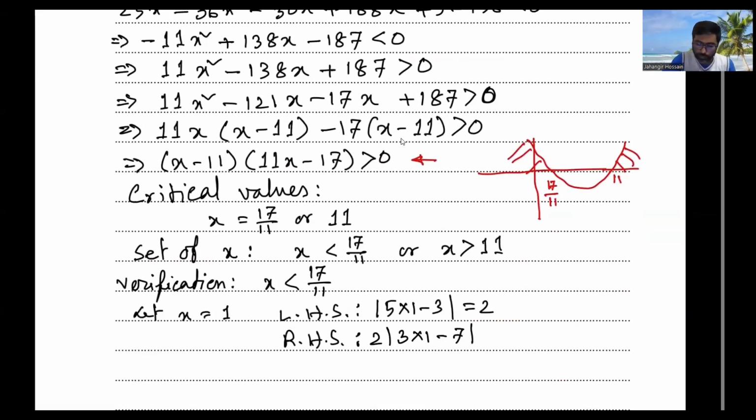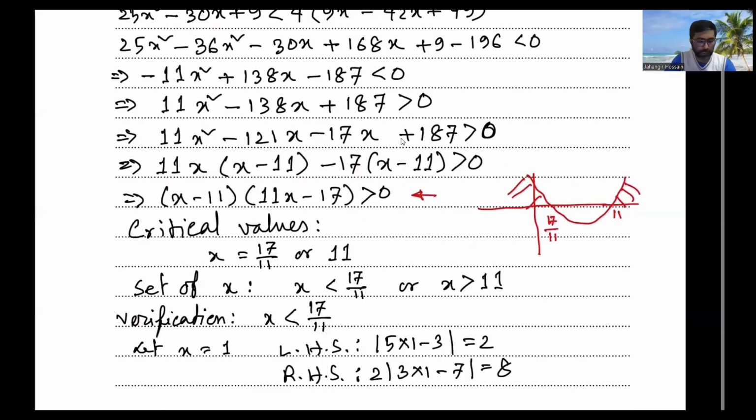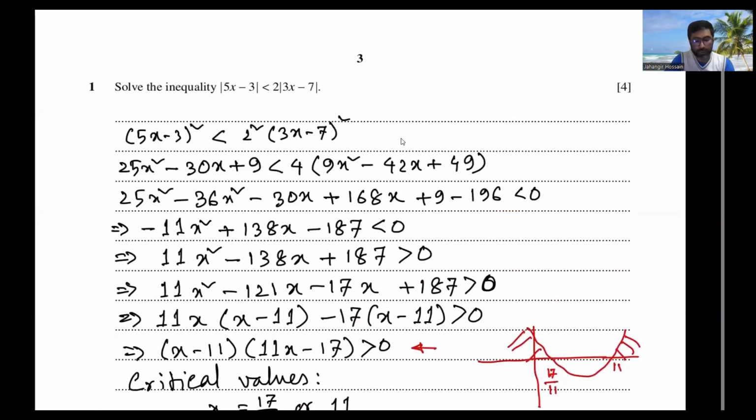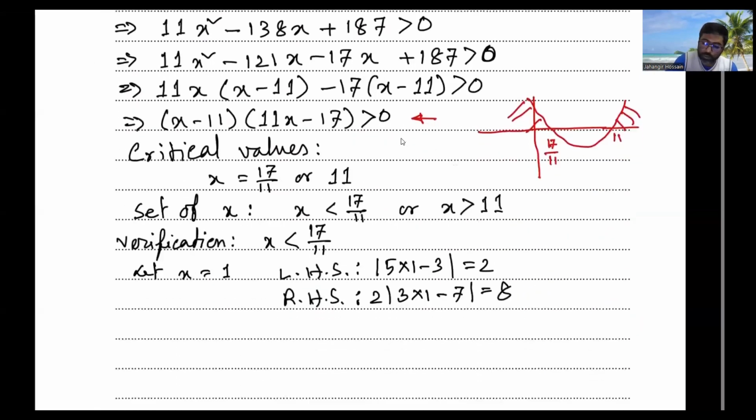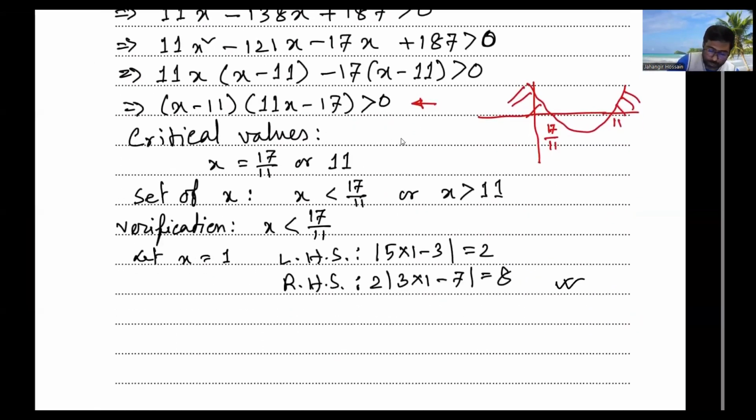So it is 2 times 4, 8. So right-hand side is greater than the left-hand side. And our inequality says the right-hand side should be greater. So this region satisfies the inequality. So this region is okay, and x less than 17 by 11 is a solution of this inequality.